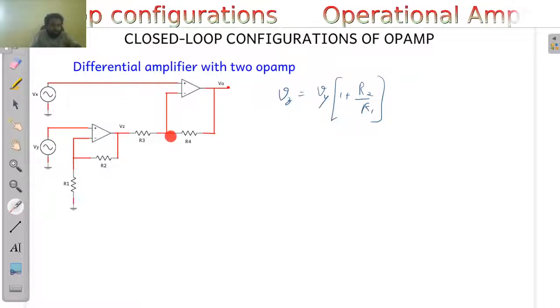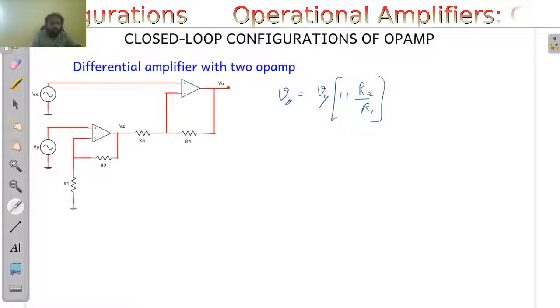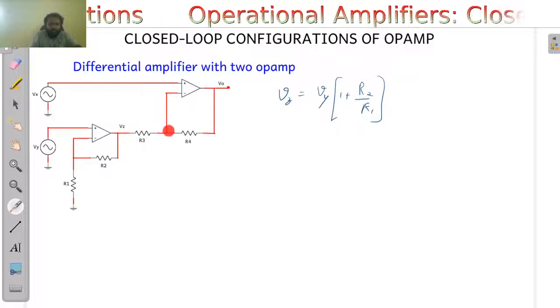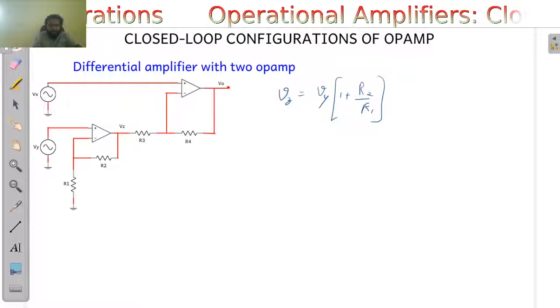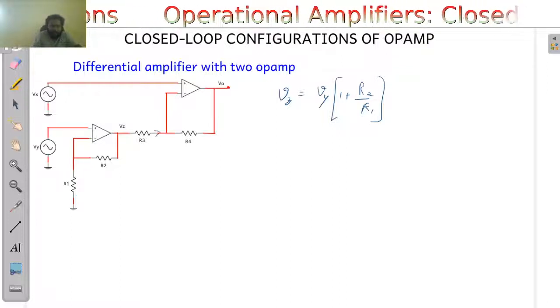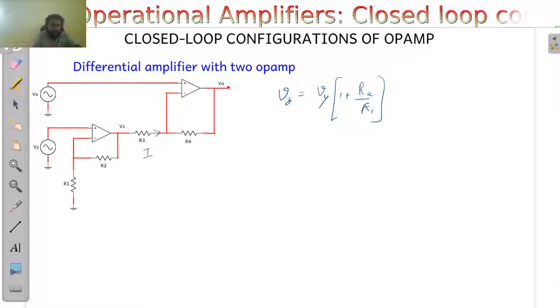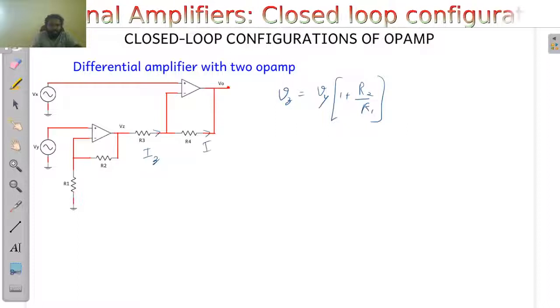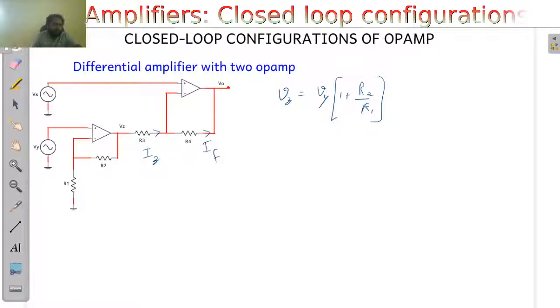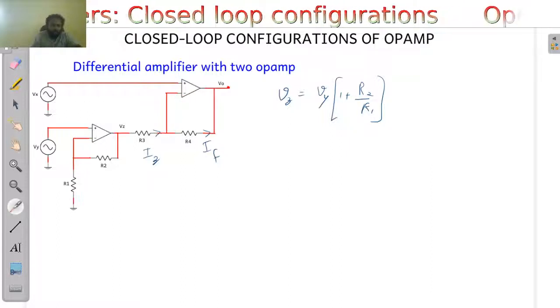Hence this point is at Vx. So we have Vz here, Vx here, and Vo here. Here we can imagine a current flowing in this direction, Iz, and the current flowing in this direction as If.